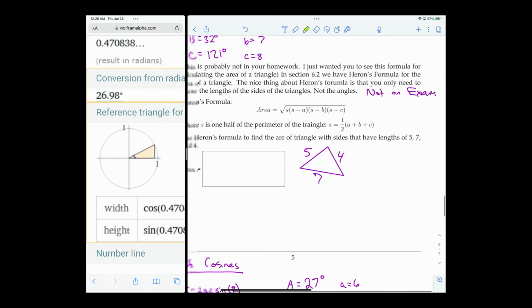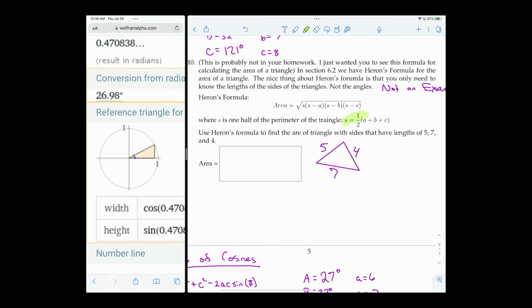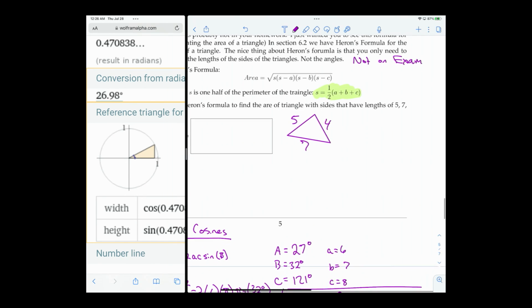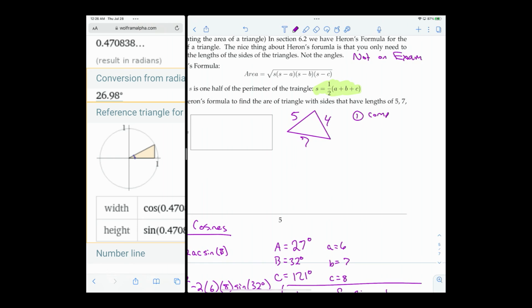The first step is to calculate this thing that we called S. Step 1, compute S. S is 1/2 of a plus b plus c, which is 1/2 of the perimeter, so we just add it up. 1/2 of 4 plus 5 plus 7. 4 plus 5 is 9, 9 and 7 is 16. So 1/2 of 16 is 8. Okay, so S is 8. That's not the area, that's just S.